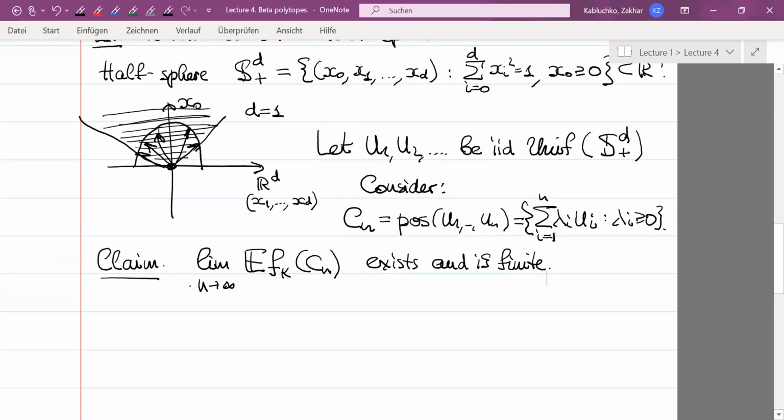So what we are doing here, you may think of it as follows. We take random points on the half sphere, and then we generate what is called the spherical convex hull of these points. So the intersection of the cone C_n with the sphere is called the spherical convex hull.